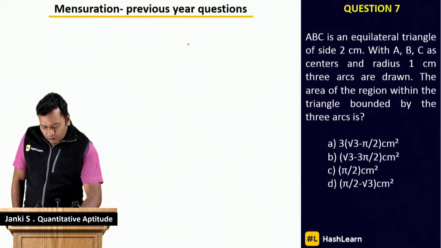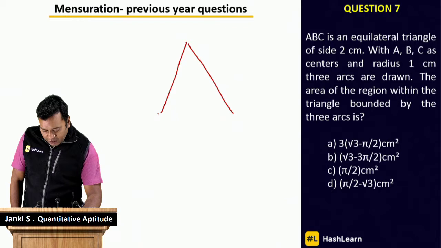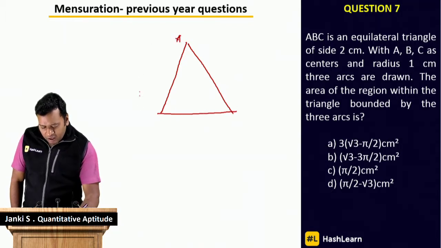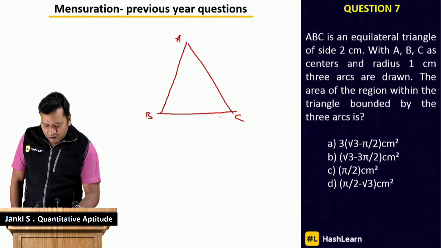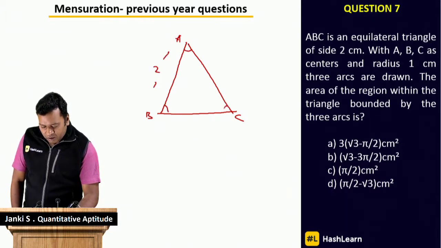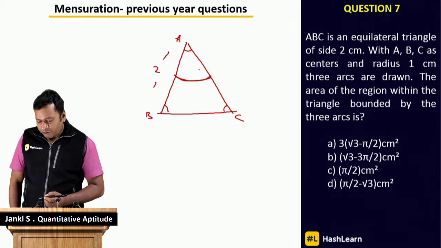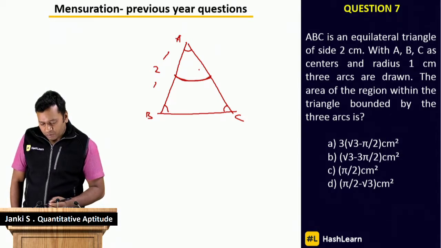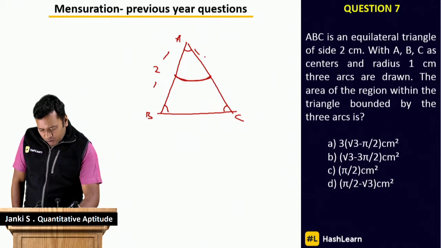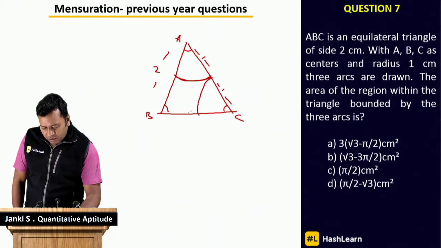So if I have drawn an equilateral triangle ABC with side 2 centimeters, and every angle is nothing but 60 degrees here, and I'm drawing an arc of radius 1 centimeter, right? So that means this is 1 here, this part is also 1, that means this is drawn here as this, and this part is also 1, that means this is drawn as this.